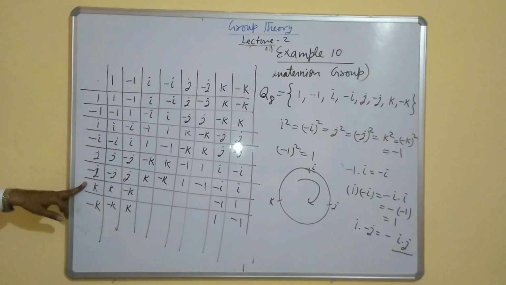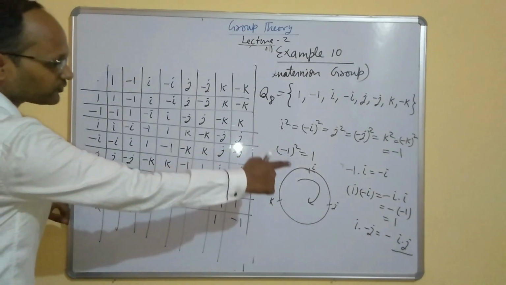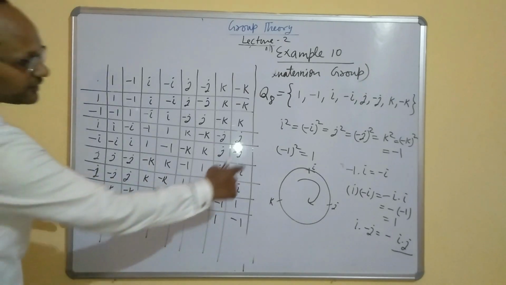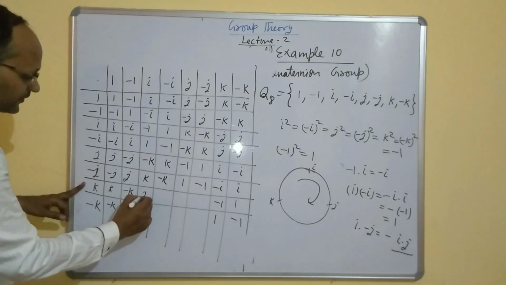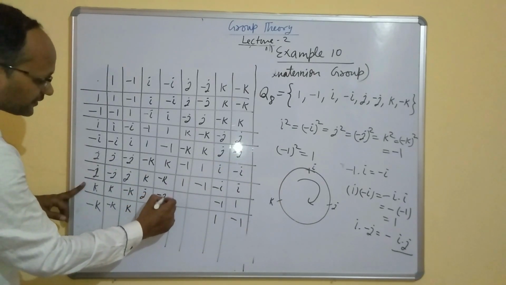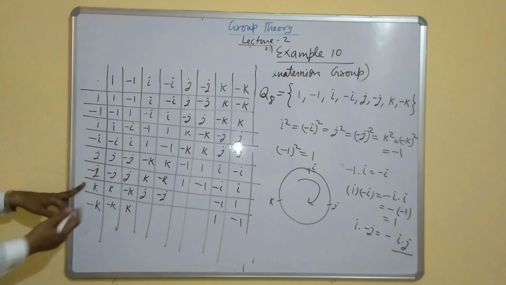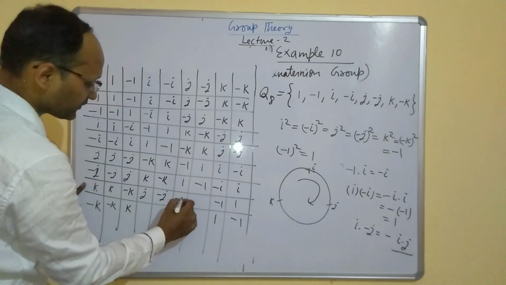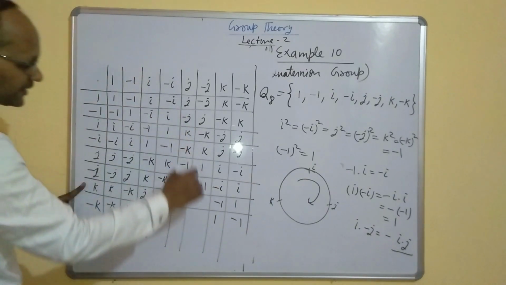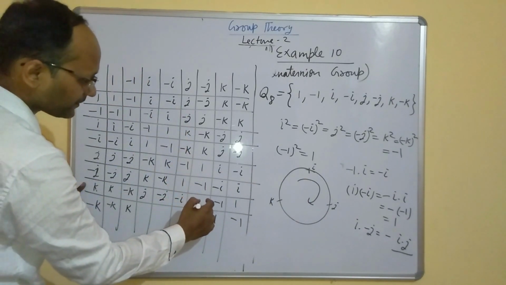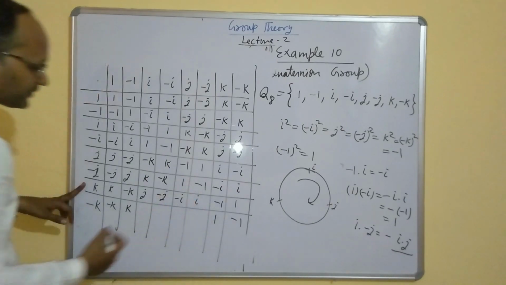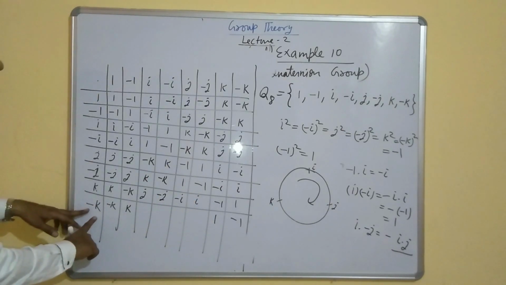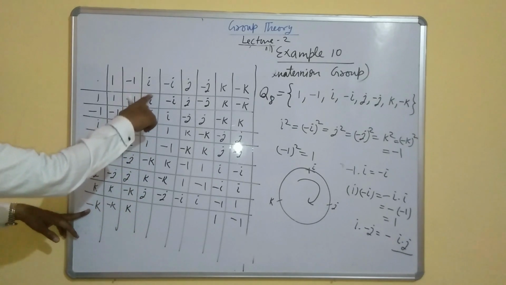And when you multiply k, then k into i, you have to go opposite in this way. So you will get j, and then when minus i, then it is minus j. So k into j, you have to go like this. So minus i, and k into minus j means i, and now minus k into i.